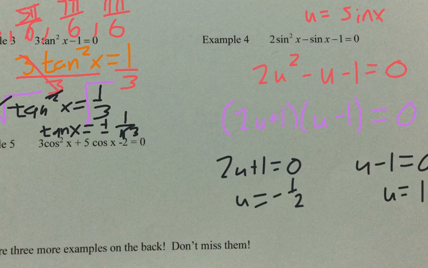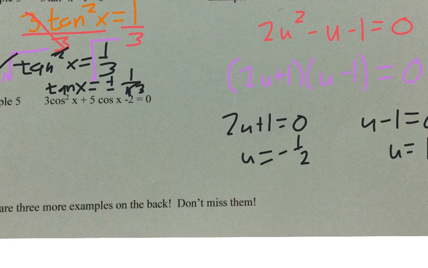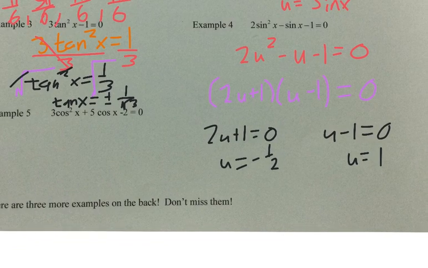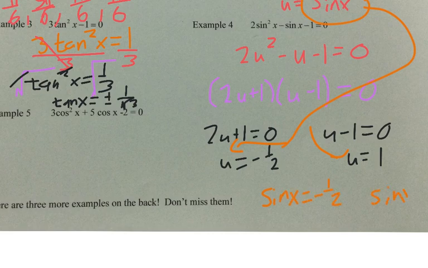But the question never asked me what's u. The question asked me what's sine, or what's x, actually. So I have to take this and plug it back in for u. So this says sine of x could be negative 1/2, or sine of x could be 1.